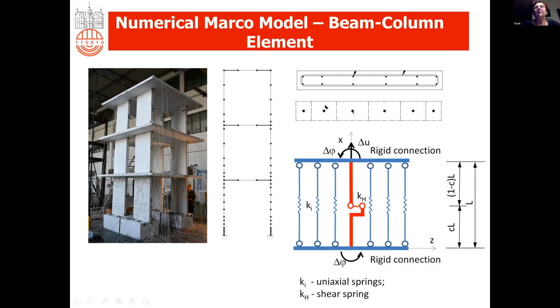The cross-section of each pier was divided into a certain number of segments. These segments are represented in this model with springs, having some stiffness, and these springs are connected with rigid connections.